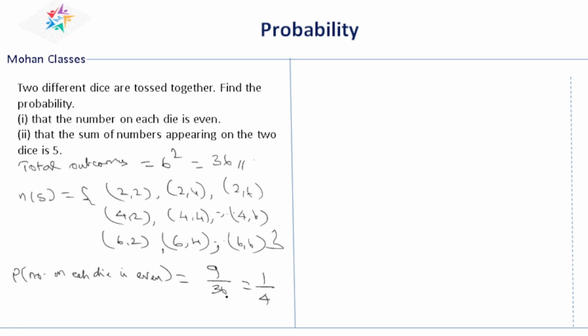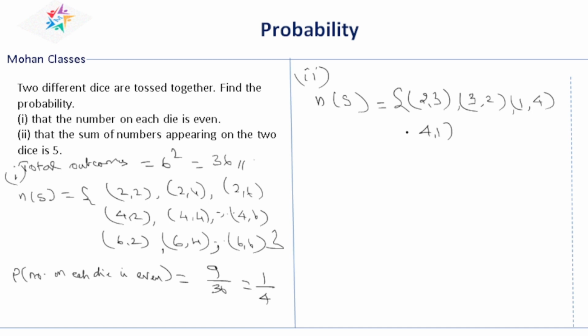What about the other one? The sum should be 5. So n of S is equal to what? It is for the second. N of S is equal to what you will get? 2, 3. And then 3, 2. And then 1, 4. And then 4, 1 we will get.